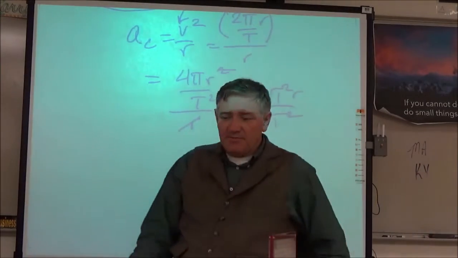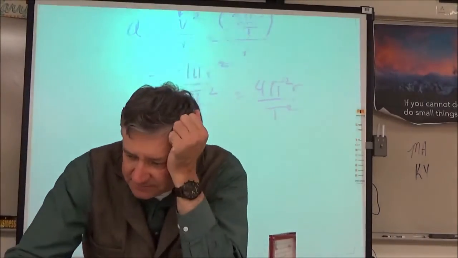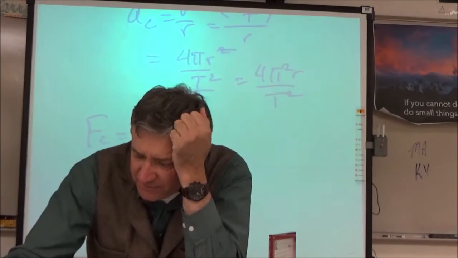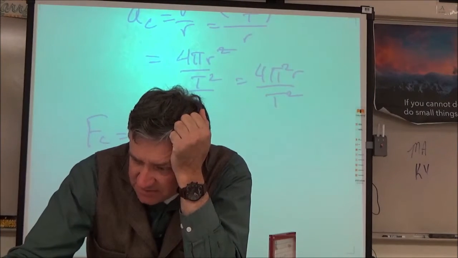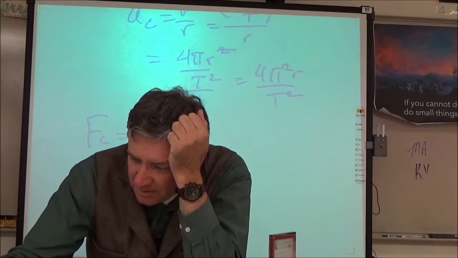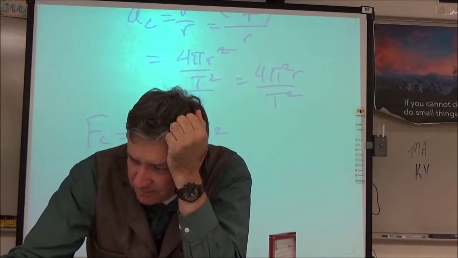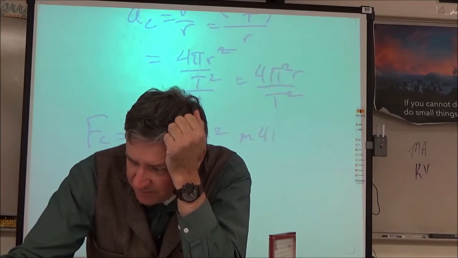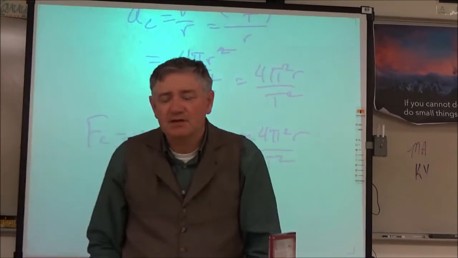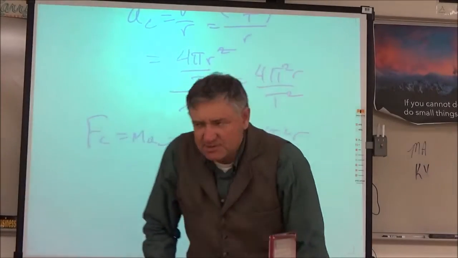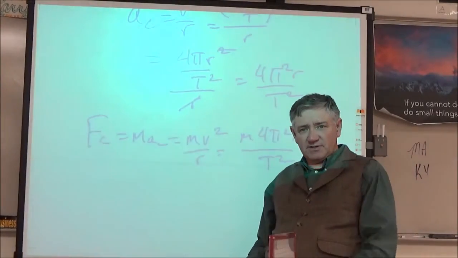So at this point, here's what we have. We have centripetal force equals mass times centripetal acceleration, which is also mass times v squared over r, which is also mass times 4 pi squared r over T squared. Which one you use just depends upon the information that you're given.